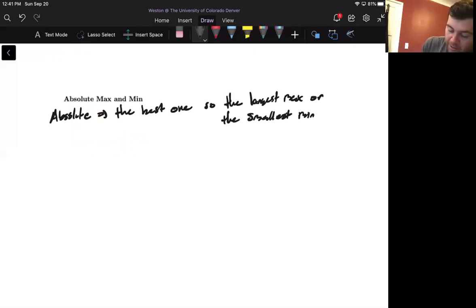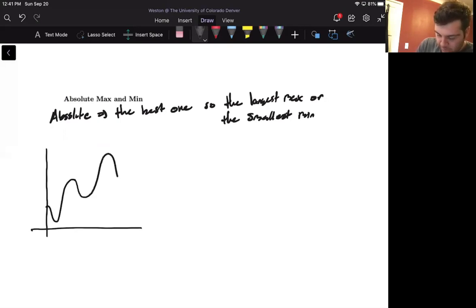So we can draw a function like we had before. And I'm going to change it just a little bit. So now we're not starting at 0. All right, so take a second to think about what the values are for the local maxes.